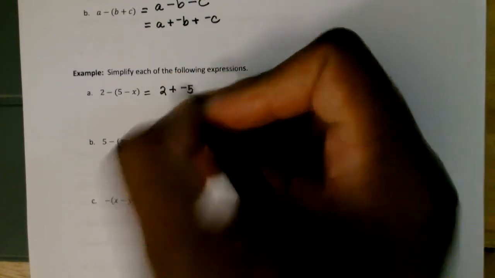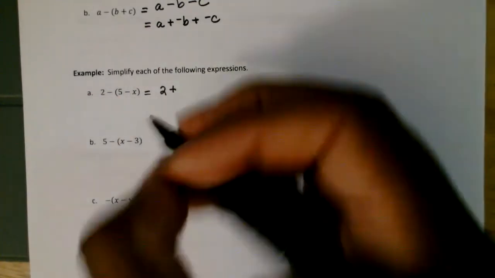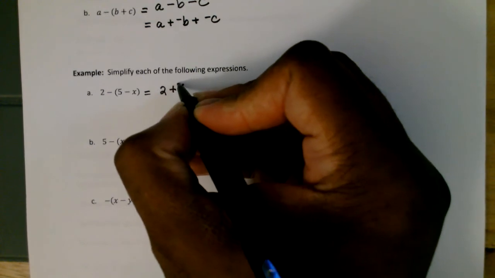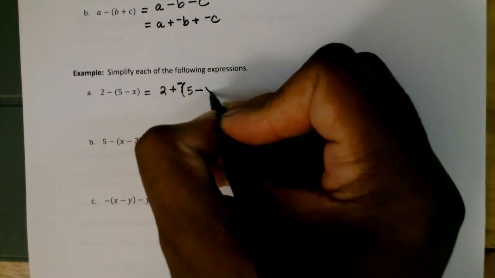And then, let's see. Let me write it like this. Since we're subtracting 5 minus x, the opposite would be plus, and then the negative outside, and then 5 minus x.